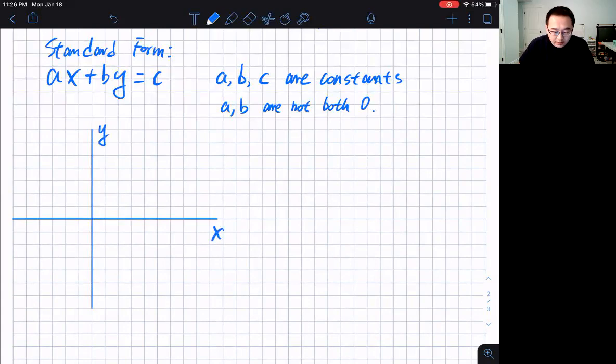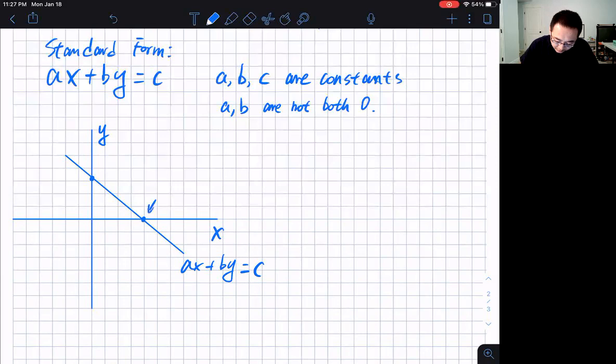If you draw a line here, you'll see that these lines are likely going to cross these axes, right? So let's say we have a line looking something like this, okay, like that. And this is your ax plus by equals c. And you can see it crosses your horizontal axis right here, your vertical axis right there, okay?